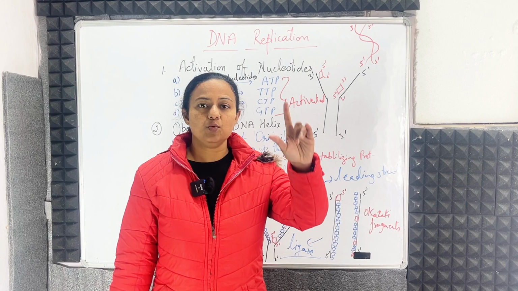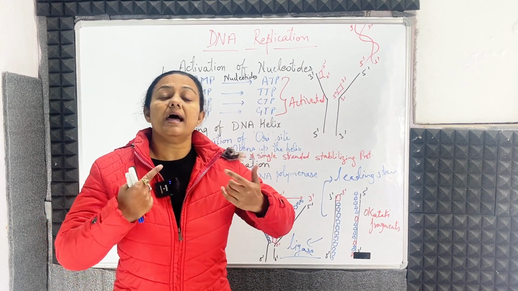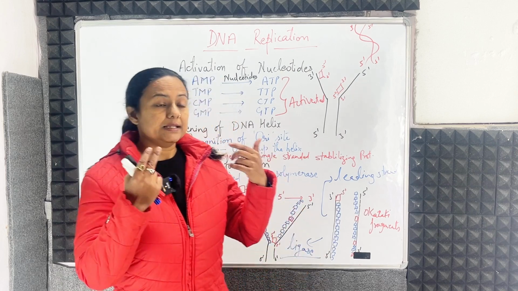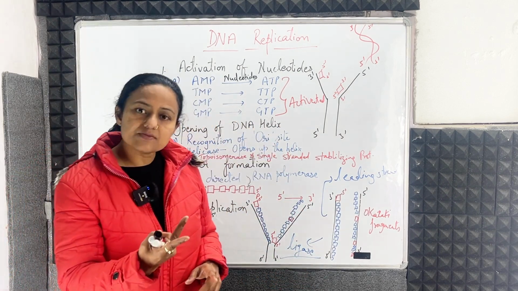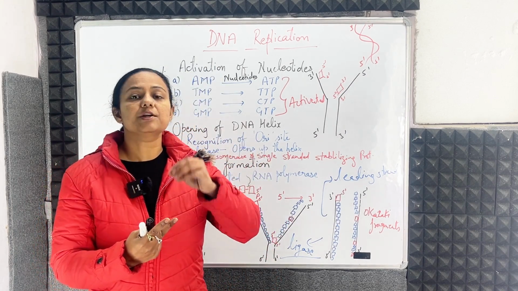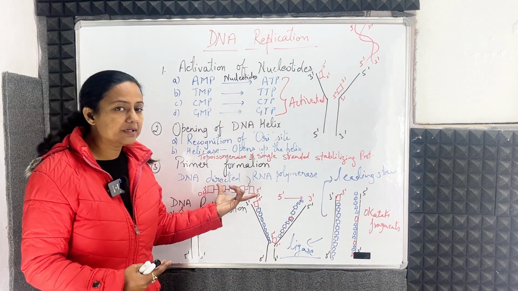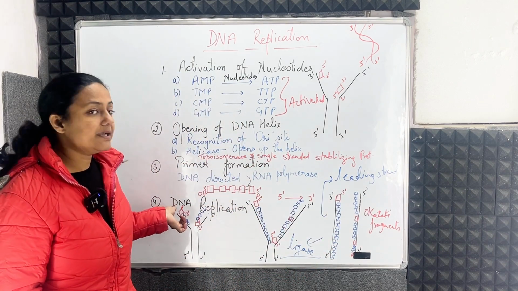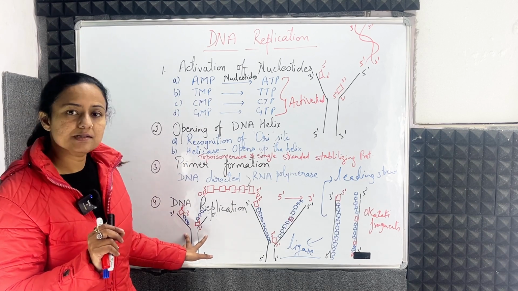It starts with your inactive nucleotides getting activated. Then the second point, opening of the DNA helix. Helicase will help in opening, and topoisomerase will help in removing the tension. Then the primer goes and attaches on the 3 prime end of both strands.